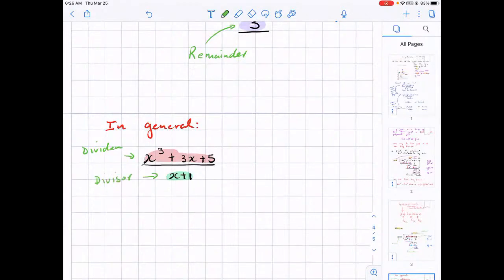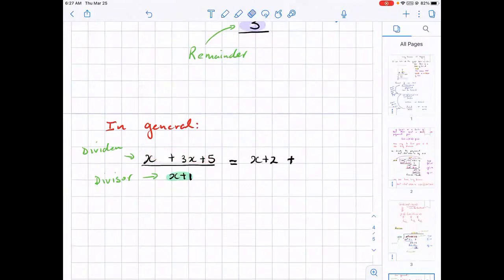Now, if you perform that long division, you will get an answer, okay? We didn't do this, x plus 2. This plus some remainder, you'll get a remainder, okay? This here should have been a square.